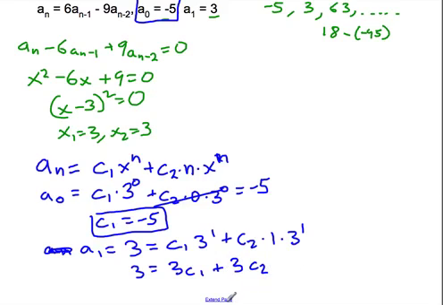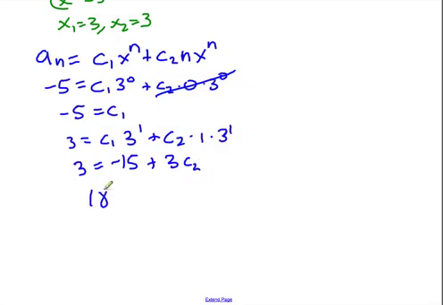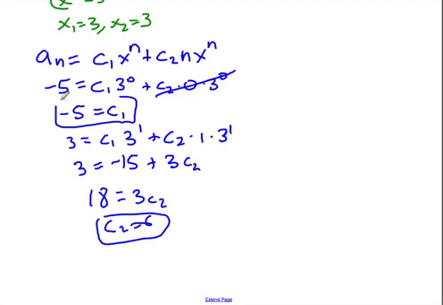And we already know that c1 equals -5. So we have 3 equals 3 times -5 plus 3 times c2. So we get 18 equals 3c2 and c2 equals 6.